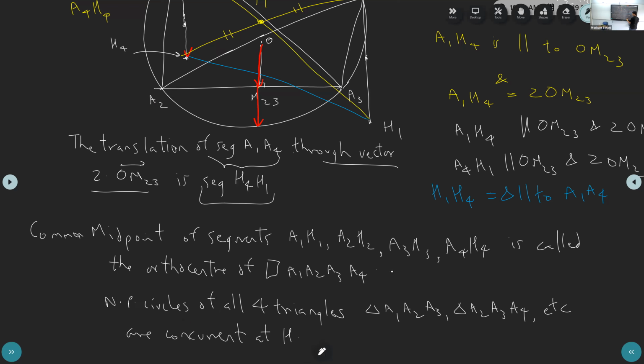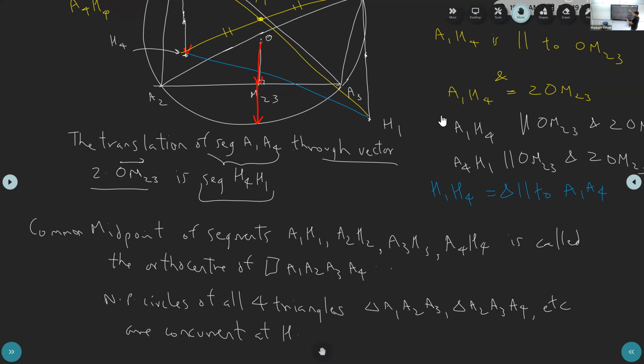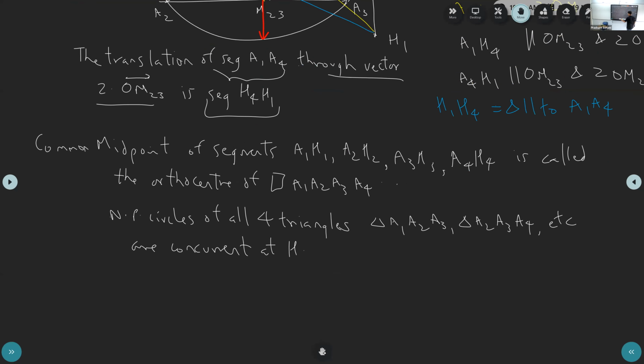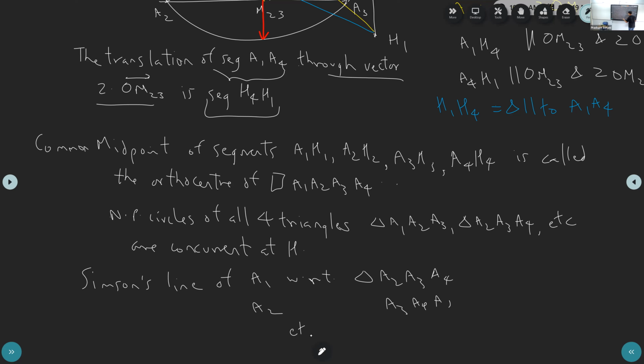I will not prove it right now, but it is for you to prove this homework: that the 9-point circles of all the 4 triangles are concurrent at H, and the Simpson line of, let's say, point A1 with respect to the other 3 triangles A2, A3, A4, A2 with respect to A3, A4, A1, etc. So all 4 Simpson lines also pass through it.